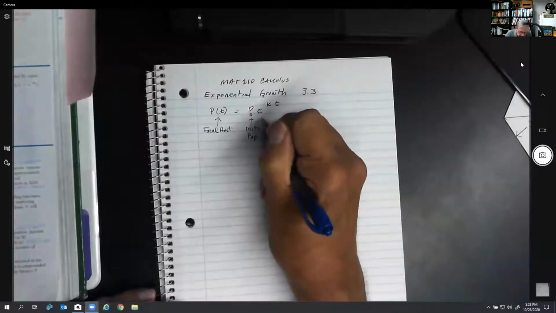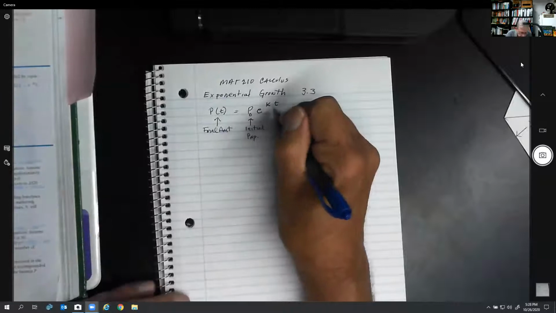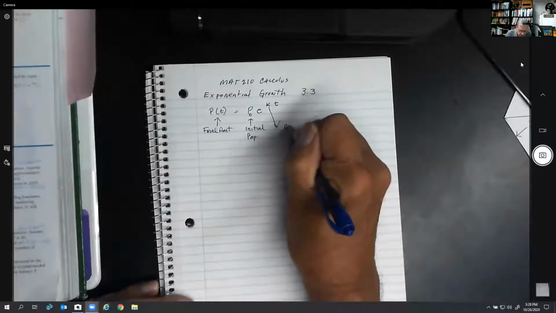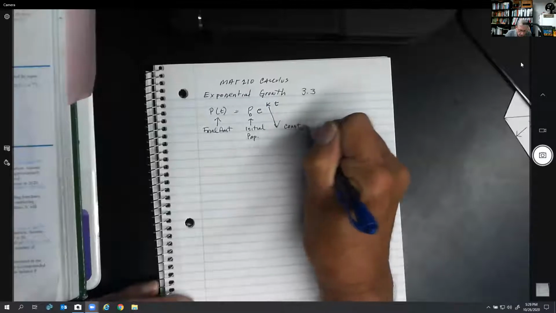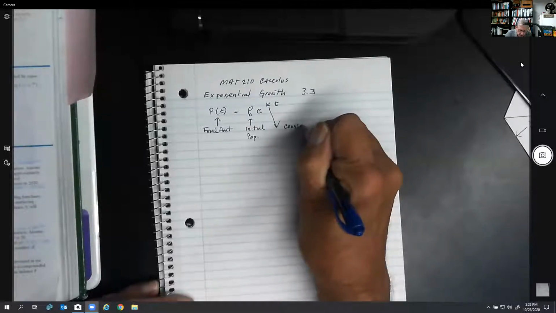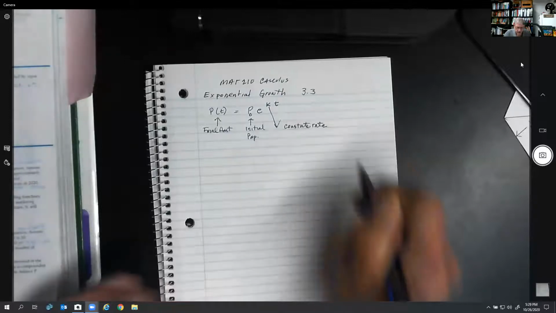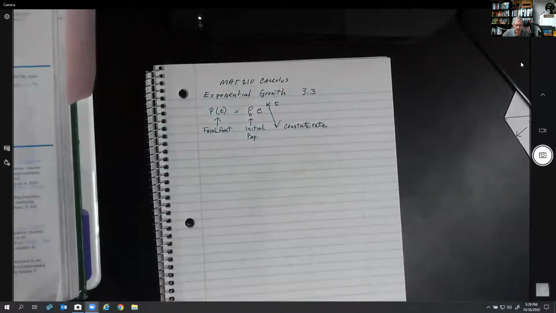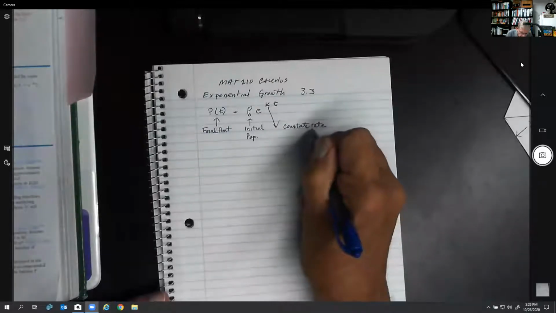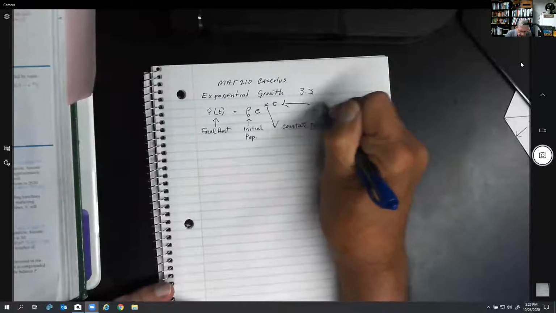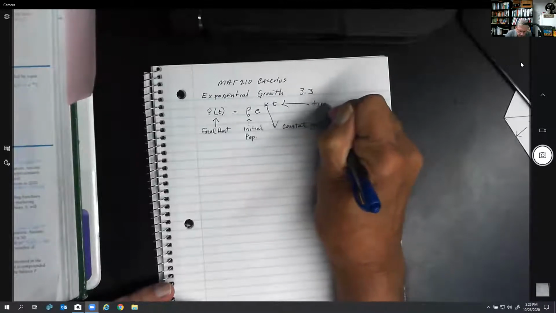E is a constant, right? It's always in the formula. K is also a constant rate. And rate, remember, could be an interest rate or it could be just a growth rate. It's a rate at which things are growing. And T is the time it takes to reach that.